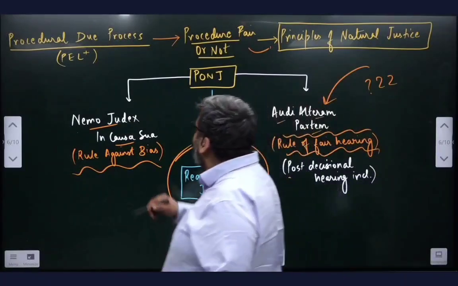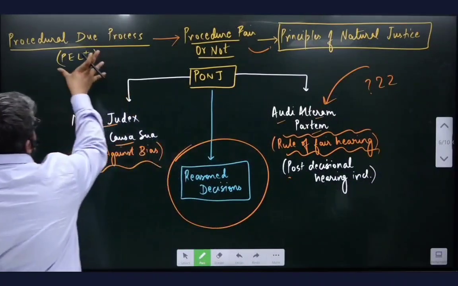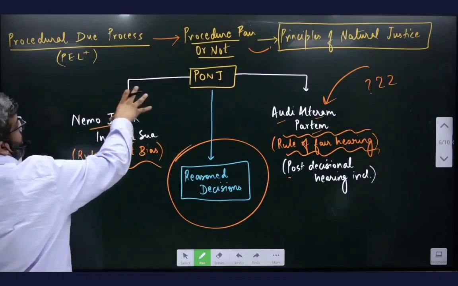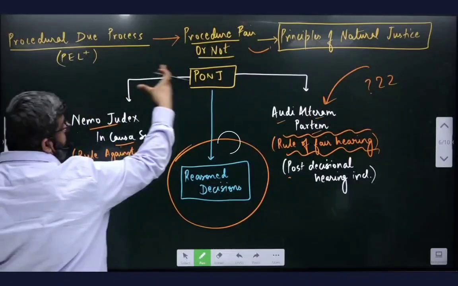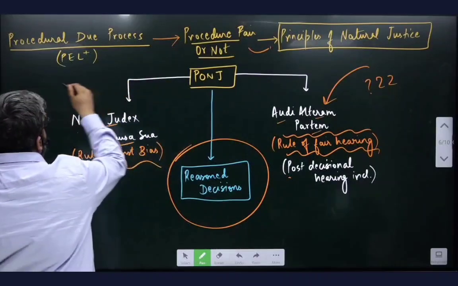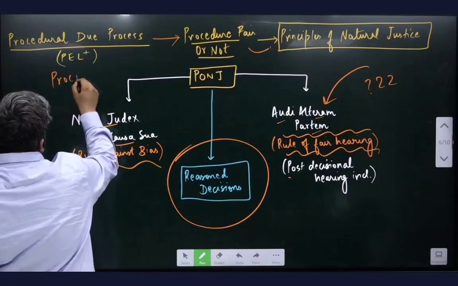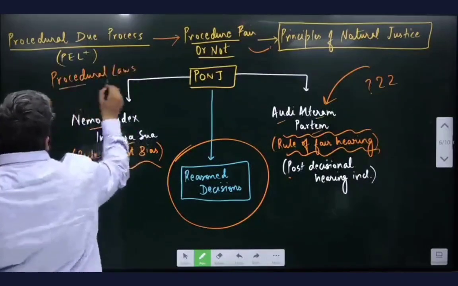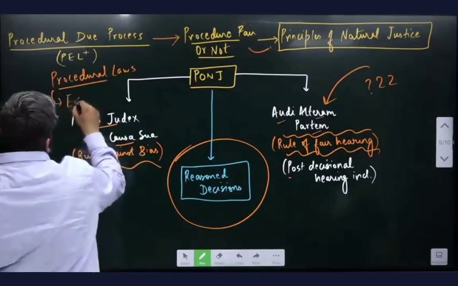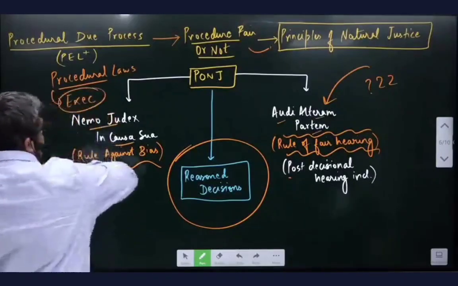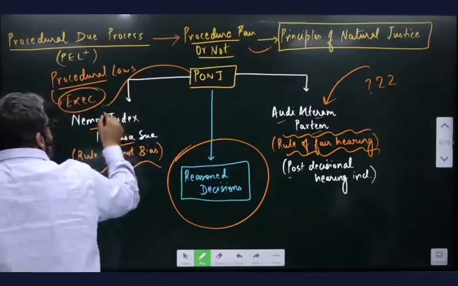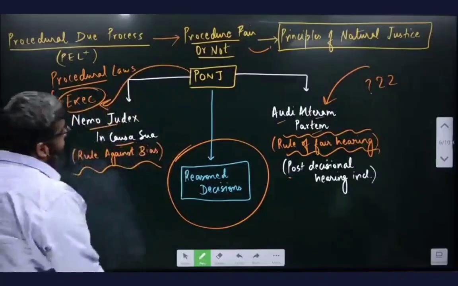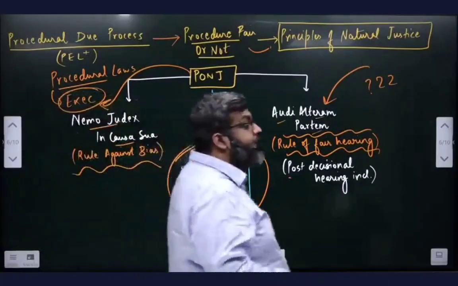But largely, procedural due process or procedural fairness applies to procedural laws, and procedural laws are largely executed by the executive. You will mostly see principles of natural justice applied to executive actions.